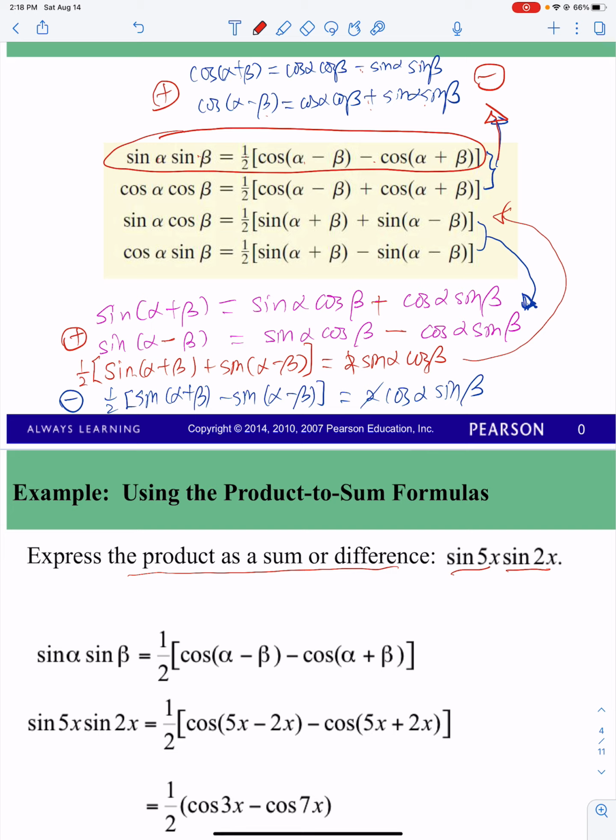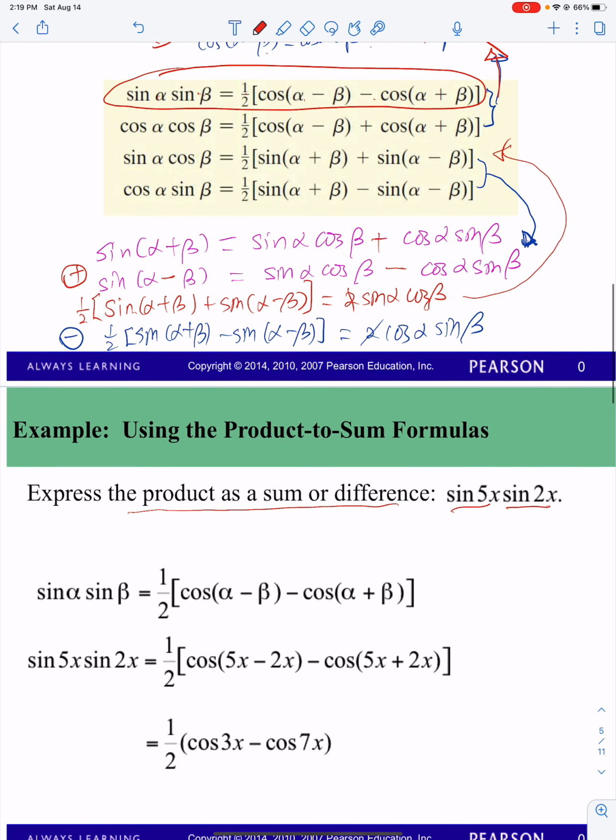So in order to do this product to sum formula, you have to do the opposite too: instead of alpha plus beta, you do alpha minus beta, and minus and plus. So this is the formula. Cosine of alpha minus beta, cosine of alpha plus beta. This means cosine of 5x minus 2x, 5x plus 2x: cosine 3x minus cosine 7x.